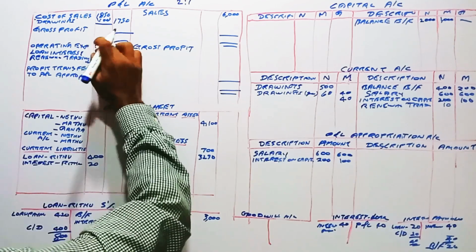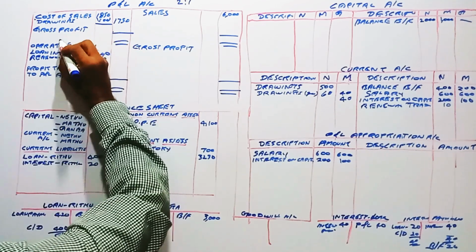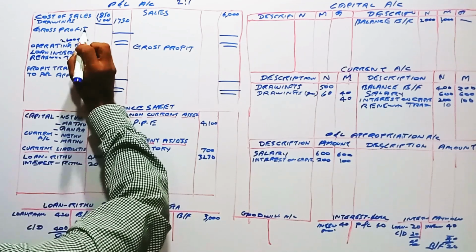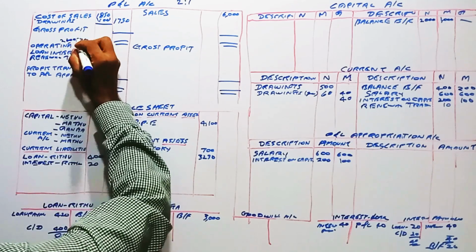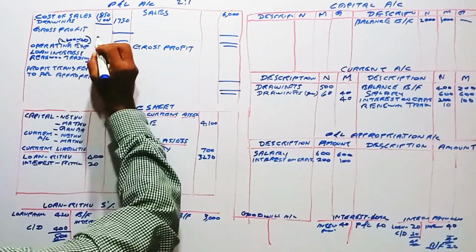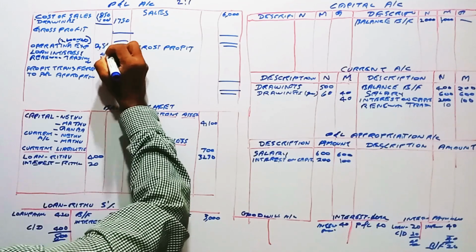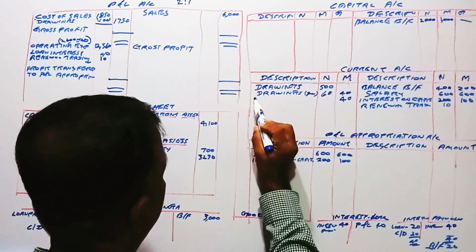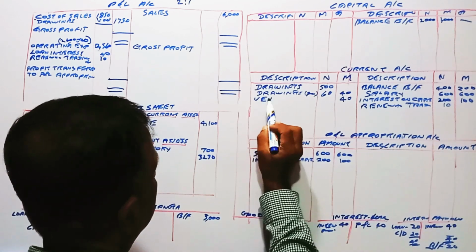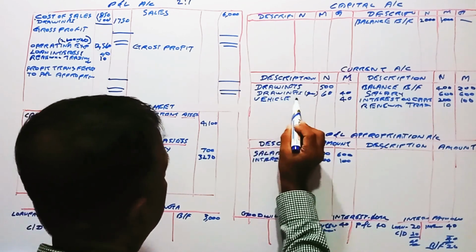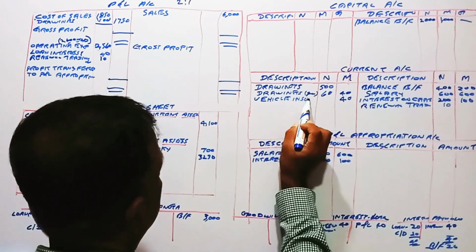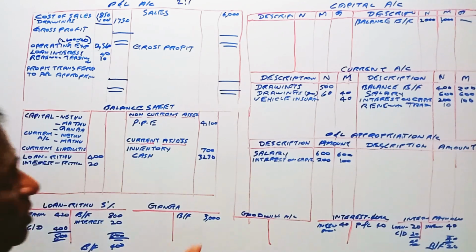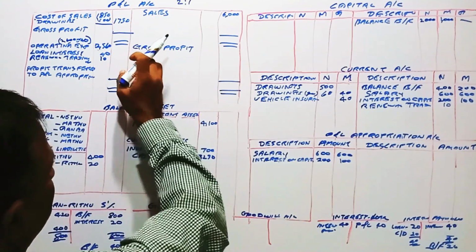Right? That is 2,600 minus 40, right? Minus 40, then 2,560. Then here we will say vehicle insurance 40, because the company has paid it, so we have removed that.